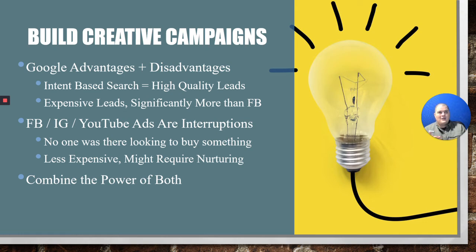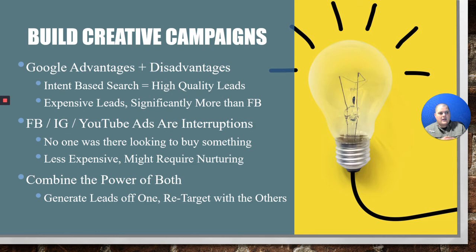And so what I mean is if you generate leads off of one, you can start retargeting them on others. In other words, maybe I'm willing to pay for an intent-based search on Google, but they don't convert. They don't buy my product. Well, if Google's too expensive, maybe I'm retargeting to them on Instagram or Facebook or YouTube or whatever, or vice versa. Maybe it's too expensive to generate that lead the first time.